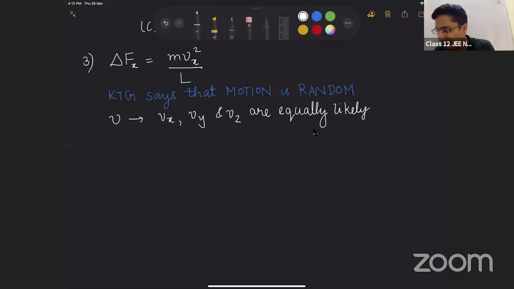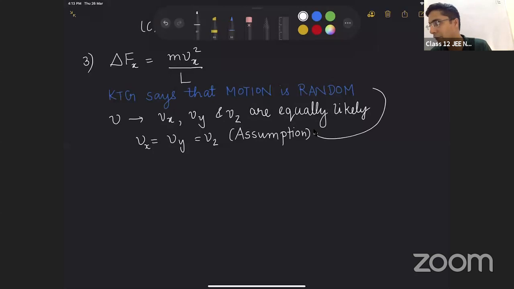So we can assume that Vx is equal to Vy equal to Vz. This is an assumption. Where does this assumption come from? It comes from the fact that motion is random, and because motion is random, all motions are equally likely.